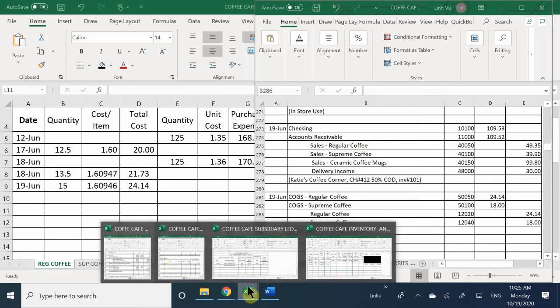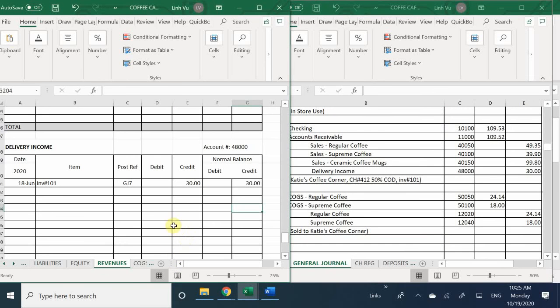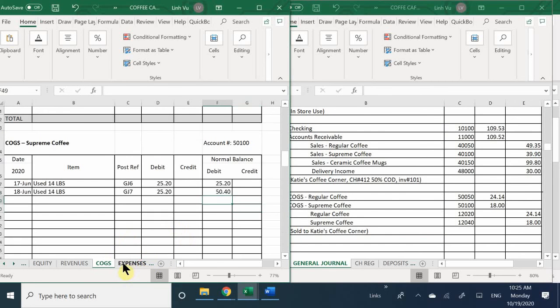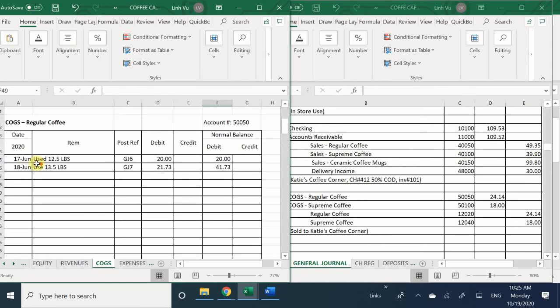So the last thing I'm going to have you guys do is update your ledger, and then we'll call break. Okay, so ledger. We're going to go to cost of goods sold. Okay, for regular coffee, June 19. How many pounds of coffee did we sell? We sold 15. Okay, general journal number 7.